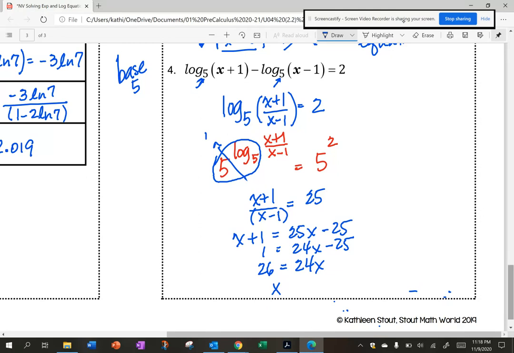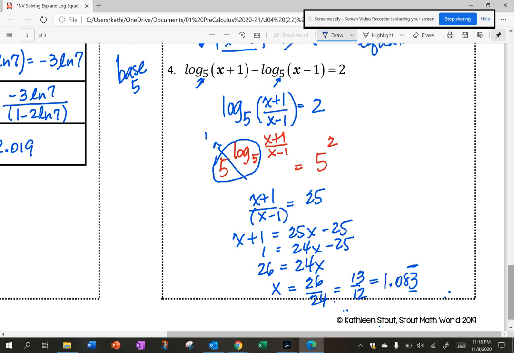So I get x equals 26 divided by 24. When I simplify, that's 13 over 12. Which, if I want another exact number, I could say 1.083 repeating.